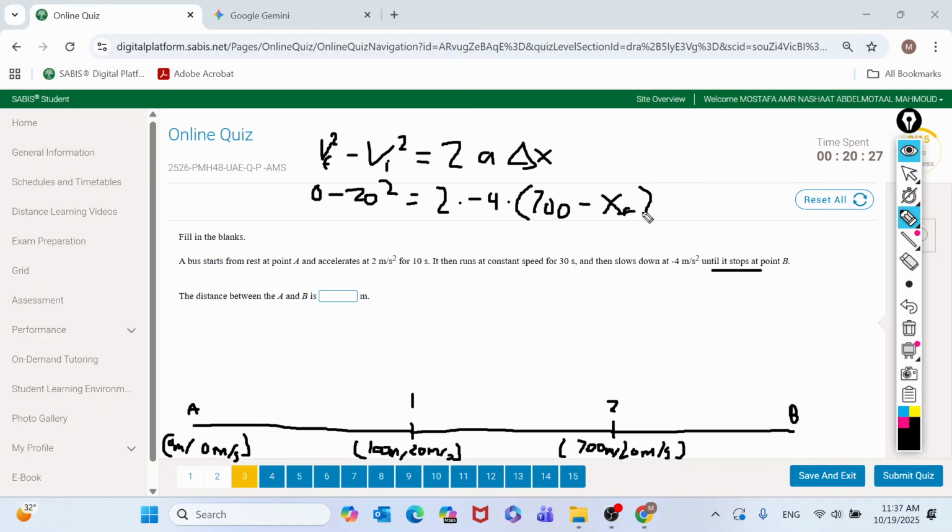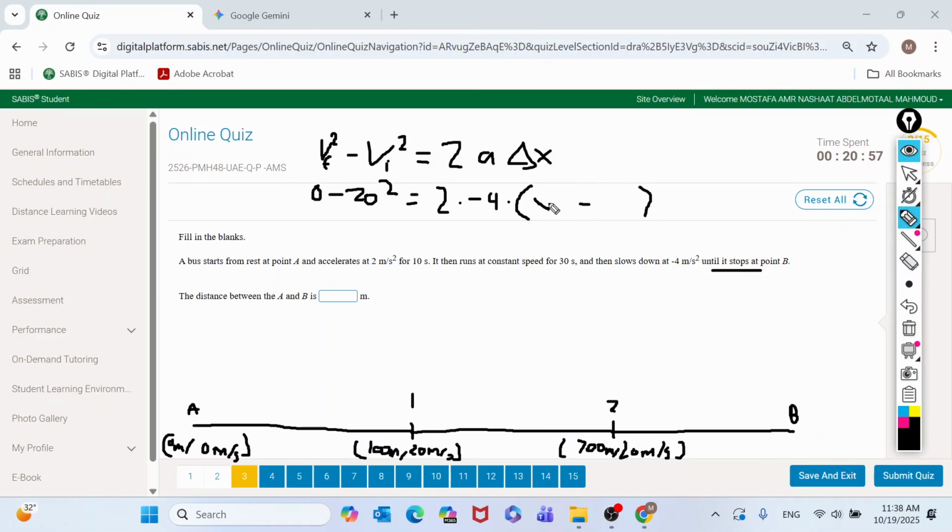So let me just do it on the calculator. Give me just a second. So 0 minus 20 squared equals 2 times negative 4 times bracket 700 minus x. Oh no, that's going to give you 650. No, wait, my bad. I did x initial minus x final.